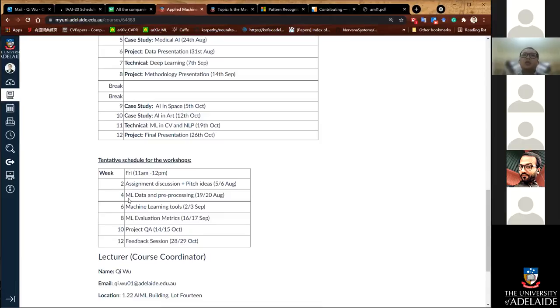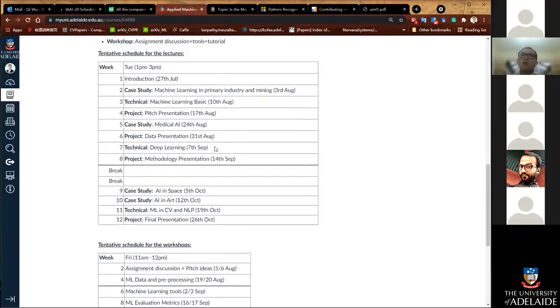For the tutorial things, like machine learning, data or pre-processing, those technical things will be the same for both local students and remote students. The difference is the discussion session. For that, we may set a Zoom session, or we can have an individual appointment if you want one.